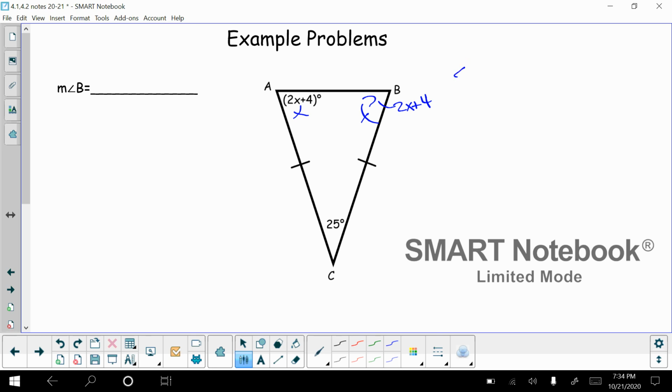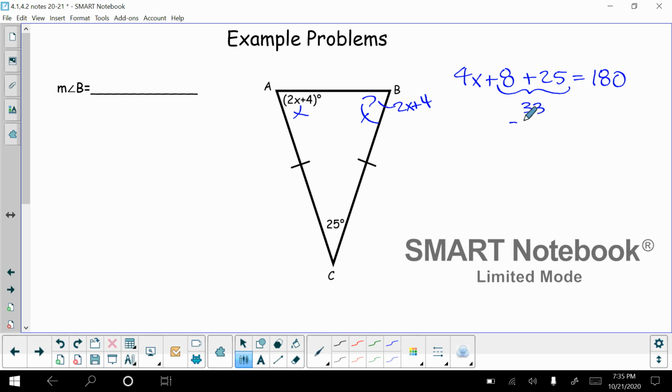I'm going to add these in my head. 4x plus 8. Does everybody see why I'm writing 4x plus 8? I'm adding those two algebraic expressions in my head. I'm going to add 25, and I'm going to set it equal to 180. Okay, so I'm going to use my algebra. And then I have right here, these two add up to be 33.